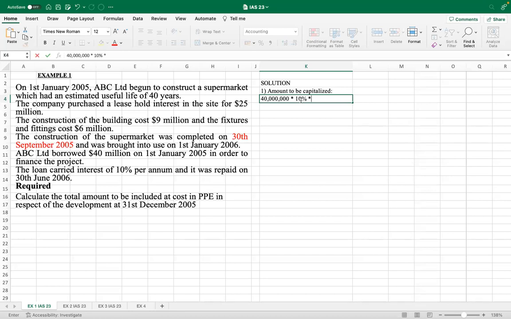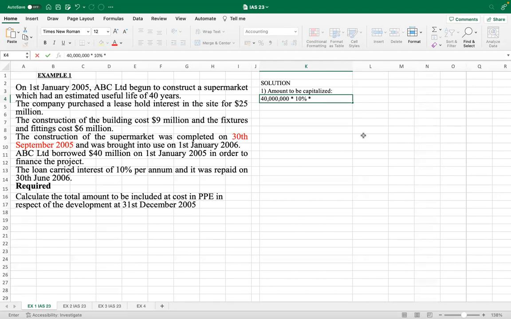But remember, we are looking at the amount to be capitalized, to be treated as part of the cost of the asset. We borrowed 40 million at an interest rate of 10%, but remember, capitalization stops when construction ends. Immediately construction ends, capitalization stops. You will not capitalize for the whole year because, in this paragraph here, the construction of the supermarket was completed on 30th September 2005. So which means construction began on 1st January and it ended on 30th September.